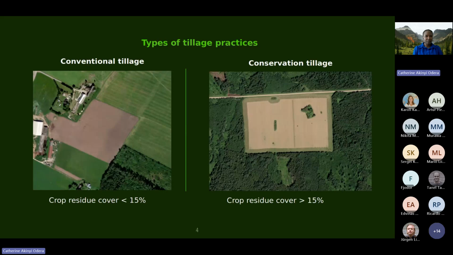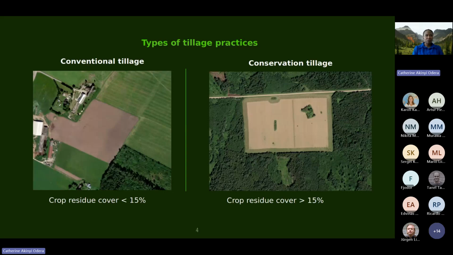That's reduced tillage, which is categorized as any type of tillage that leaves behind crop residue that ranges between 15 to 30%. And then there's zero tillage, which is categorized as any type of tillage that leaves behind crop residue that is greater than 30%.